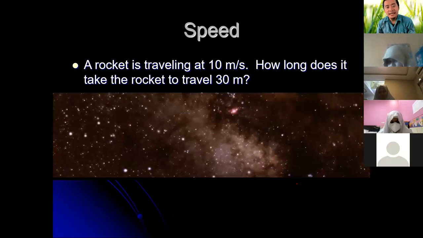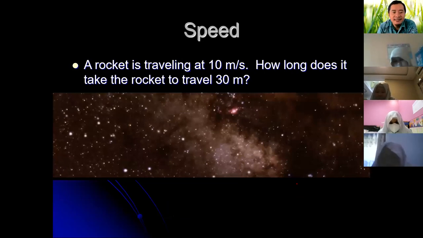Okay, now a rocket is traveling at 10 meters per second. How long does it take the rocket to travel 30 meters? Anyone else? A rocket is traveling at 10 meters per second.